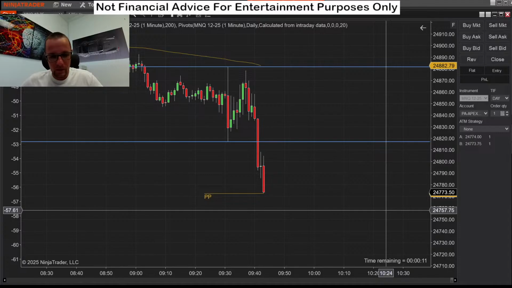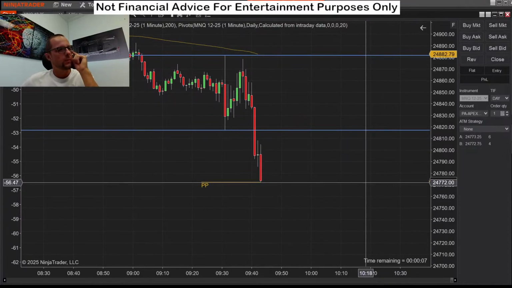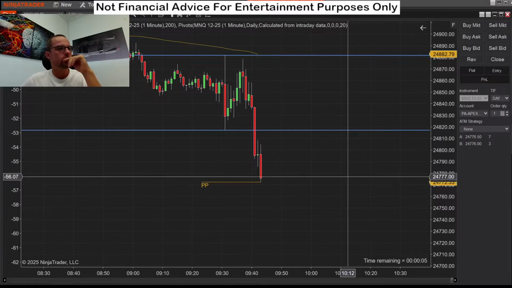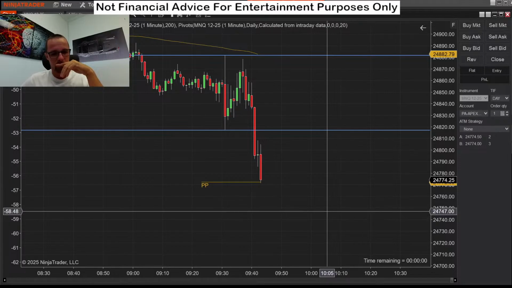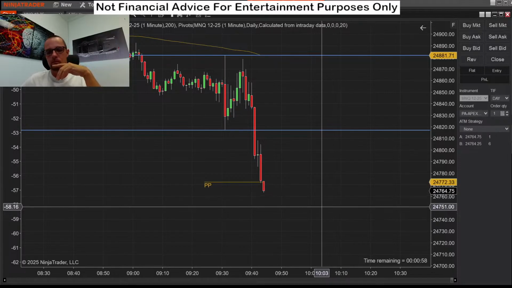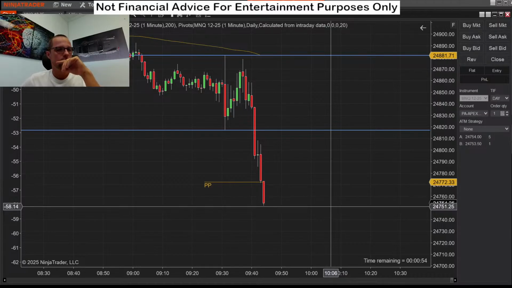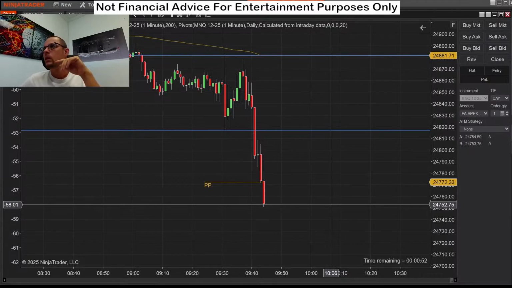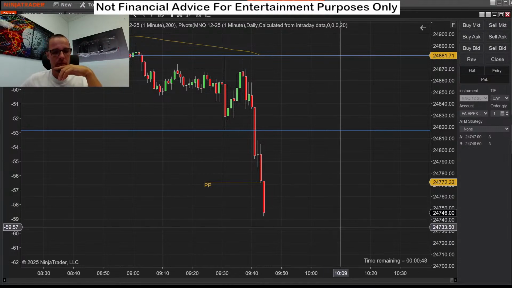All right, pushing down to this pivot point, seeing how price reacts off this pivot. Starting to displace. Not good for the bulls.